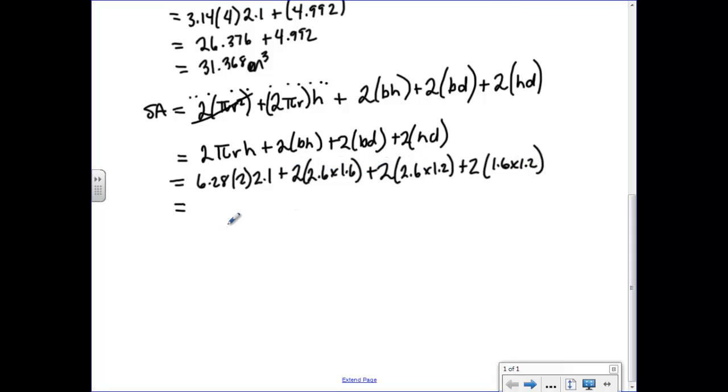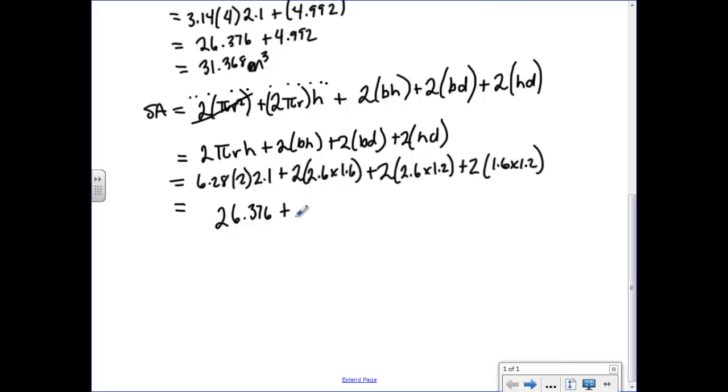We end up with 6.28 times 2 times 2.1 equals 26.376. Oh, we already had that number there. Interesting. We probably didn't need to calculate that if we know we already have 2 pi r h somewhere else.